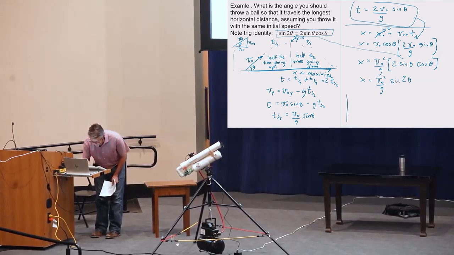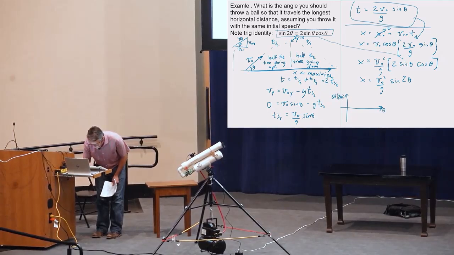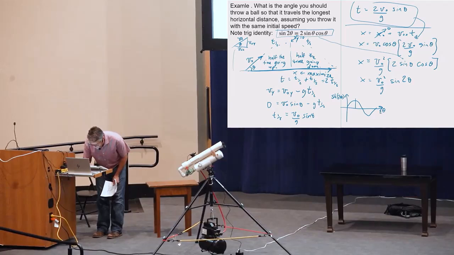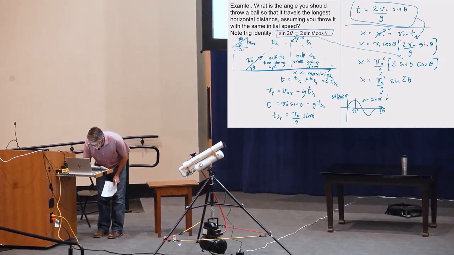And then if you think about sine of 2 theta versus theta, sine looks like this, right? So this, versus 2 theta, this happens to have a maximum at sine alpha or something, has a max at alpha equals 90 degrees.